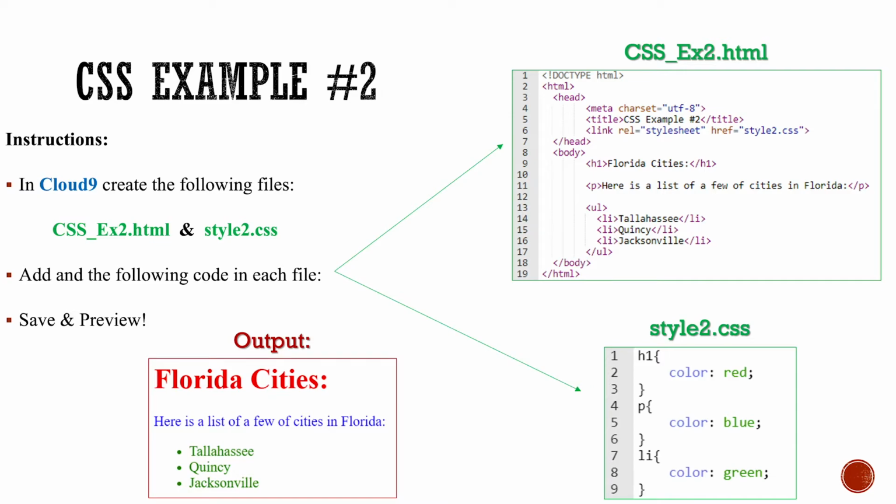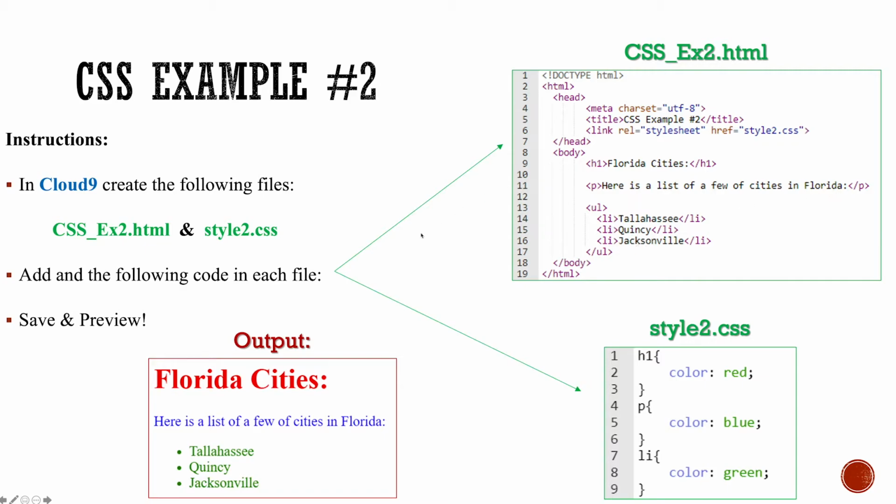The second example uses an unordered list. For Florida cities, I have an H1 Florida cities, and the paragraph here is a list of a few cities in Florida, and then I have an unordered list.